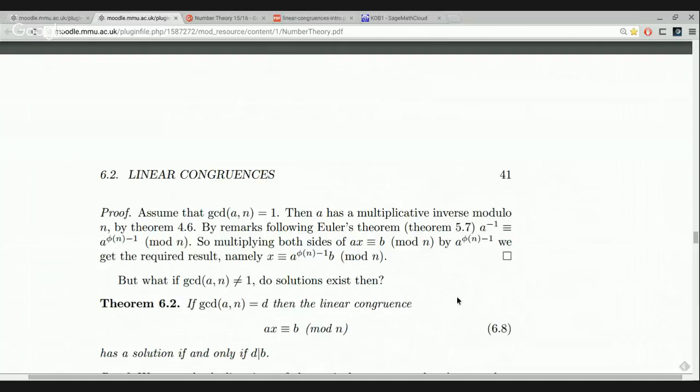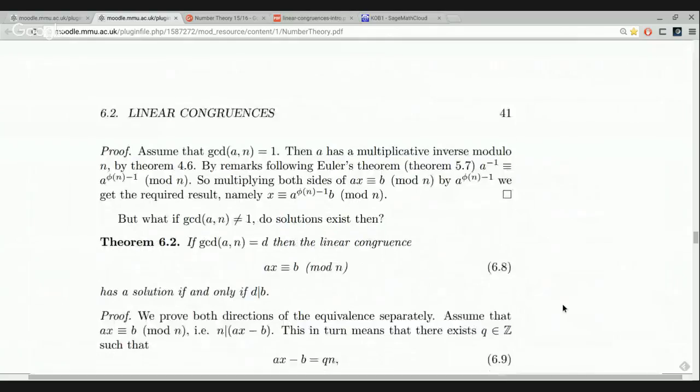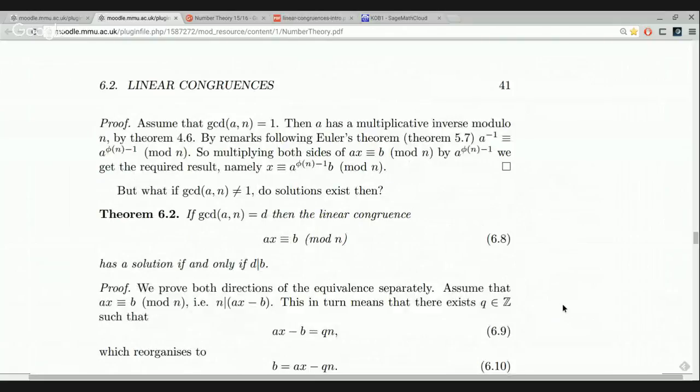I'm never quite sure what it's supposed to be called. So that's all there is. If A is coprime to N, the inverse exists, so multiplying both sides of AX equals B by the inverse, we get X is congruent to the inverse times B.